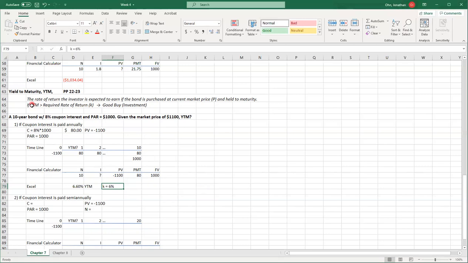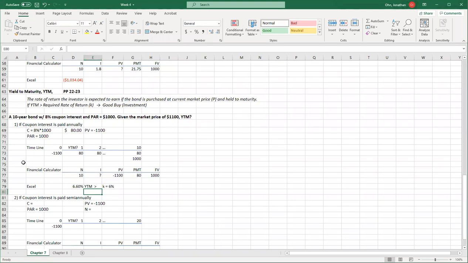If yield to maturity is greater than the required rate of return, then that's a good investment. So in this case, yield to maturity is 6.6%, and the investors' required rate of return is 6%. So this definitely is greater than the required rate of return. So this is a good investment. So you have to buy. You'd like to buy. All right.